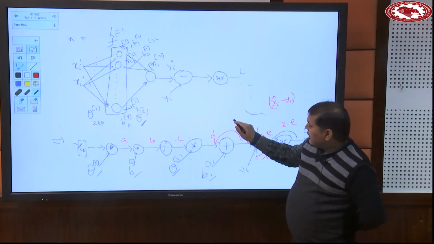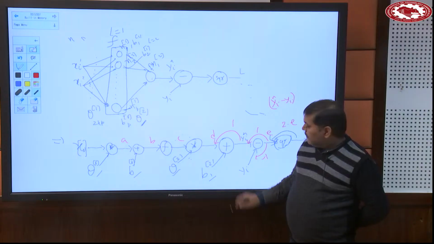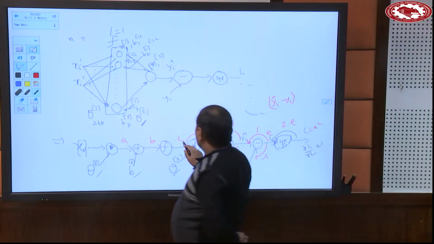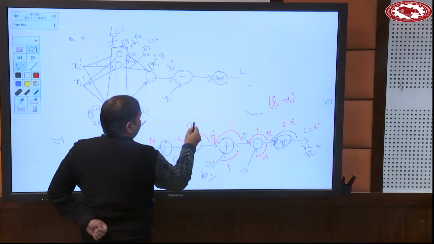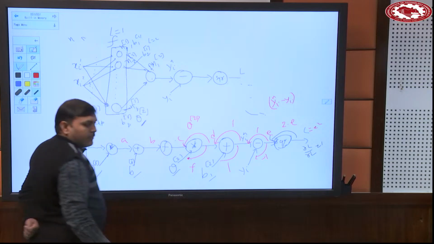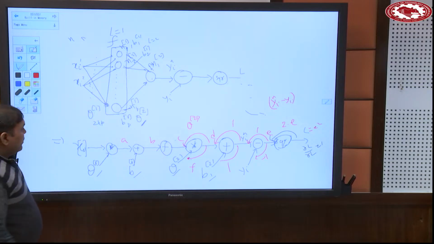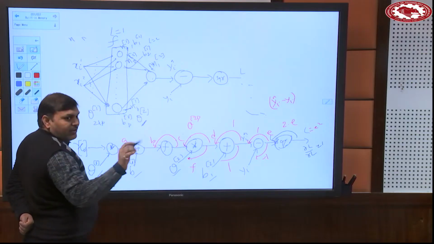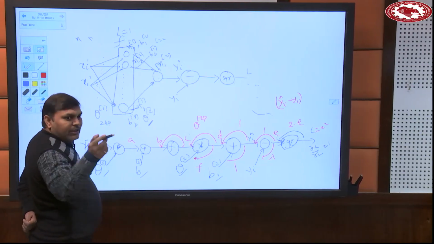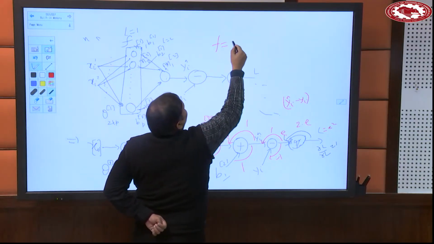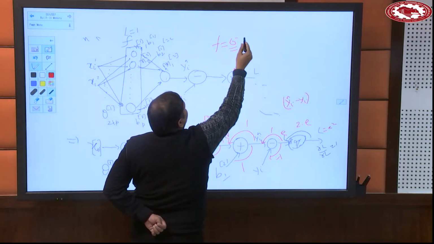You are adding, addition operator, plus 1 with respect to this 1. What about this? This is the operator for this. This is theta 2. With respect to this, this is f. What about this? This depends on the activation function. Let this f be sigmoid, right.